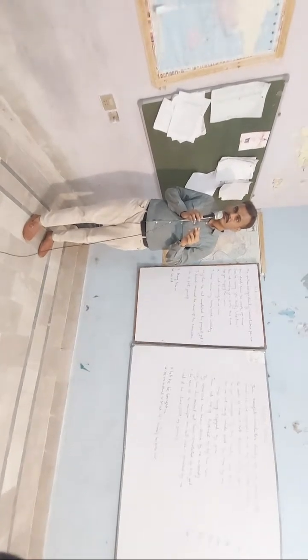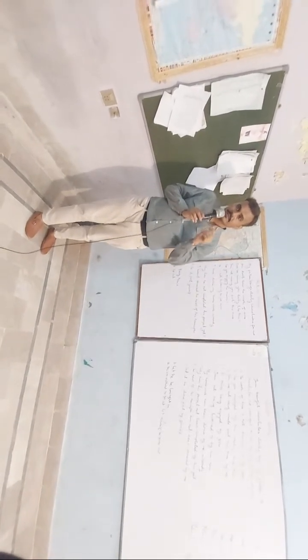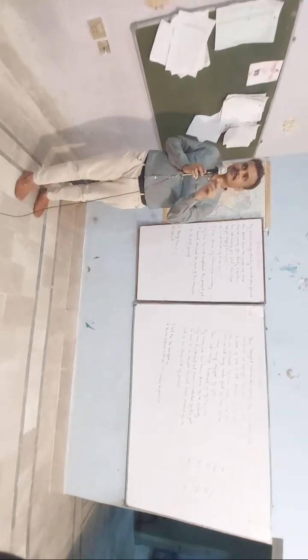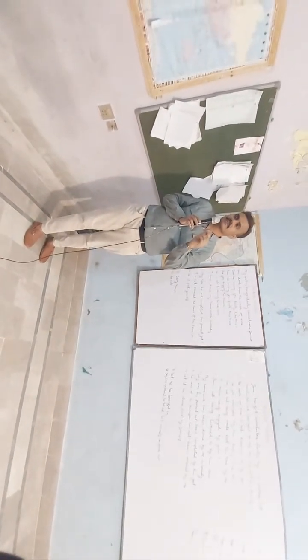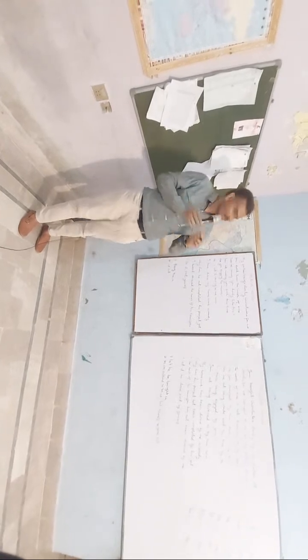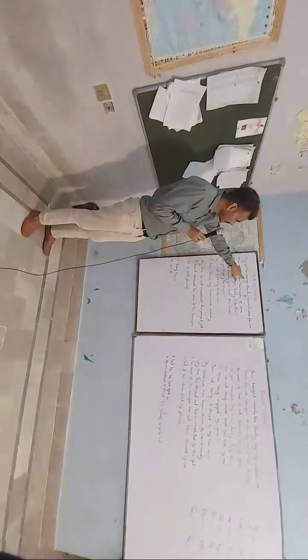My father brings chocolates for me daily. Okay, in the present simple tense, you are supposed to use the base form of the verb, that means the first form of the verb. So here is the base form: bring.